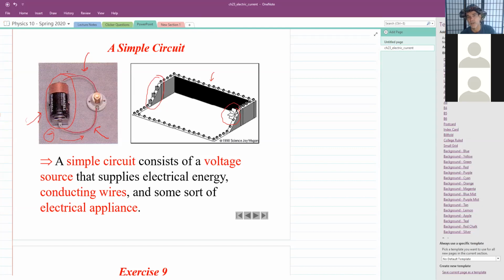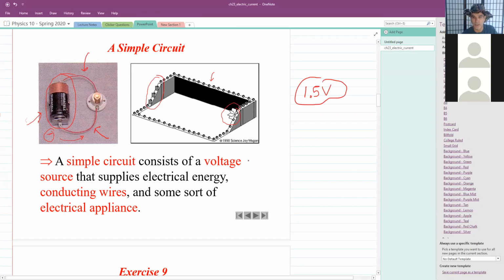So a quick question, do you guys know what is the voltage of most batteries, AA, AAA, C, and D batteries? Yeah. So most batteries that you buy are 1.5 volt batteries. The actual number is not that important, but kind of interesting.